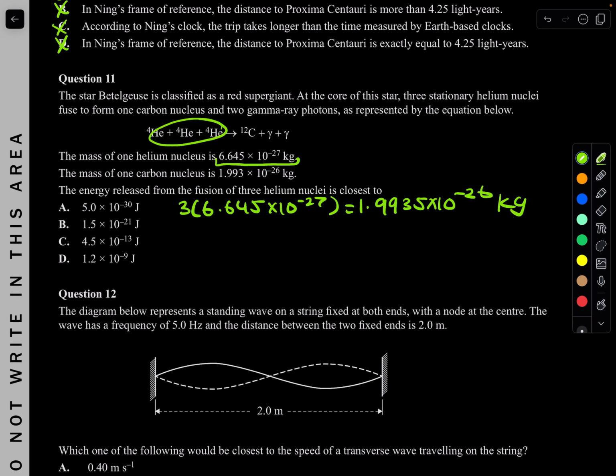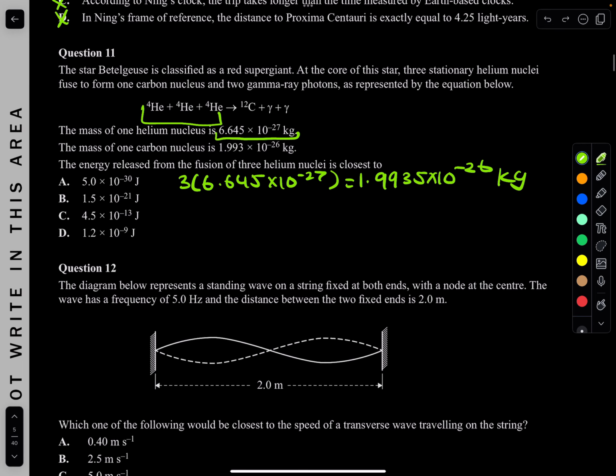By conservation of mass, whatever this mass is here should be equal to this mass over here. So we have this mass, and it's all going to be converted to this over here. Luckily, we know that there's only 1 carbon that's been created. So we subtract that 1 carbon, and we would be left with those 2 gamma-ray photons, and we just need to find the energy.